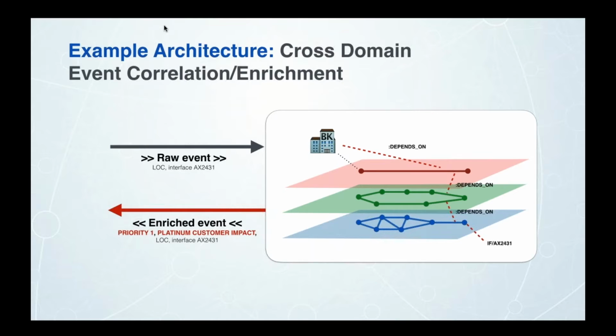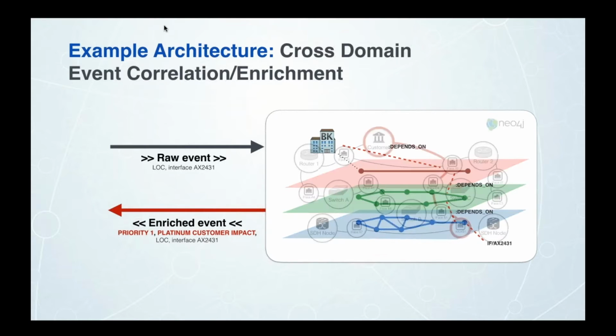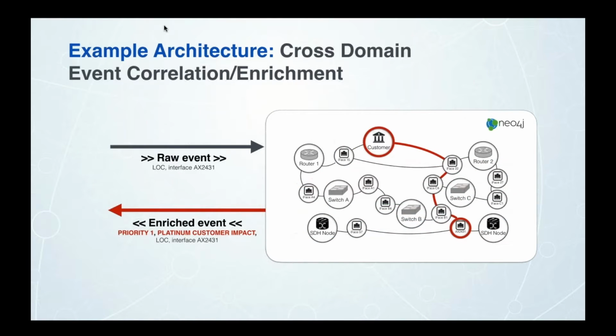So what you need here is an accurate dependency model. And let's see how that would look when we model it as a graph. So as you can see, the dependencies of the network appear very intuitively. And the emphasis here is that your action will only be as good as your model is. It has to be a real-time view of your topology in order for you to take appropriate measures.